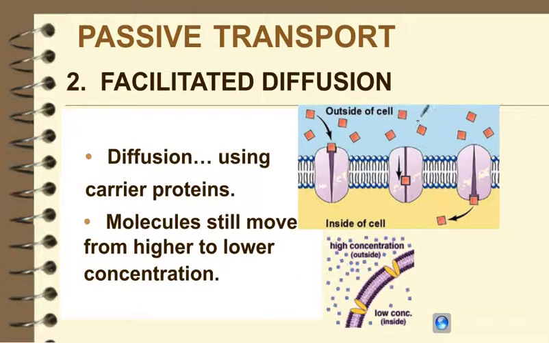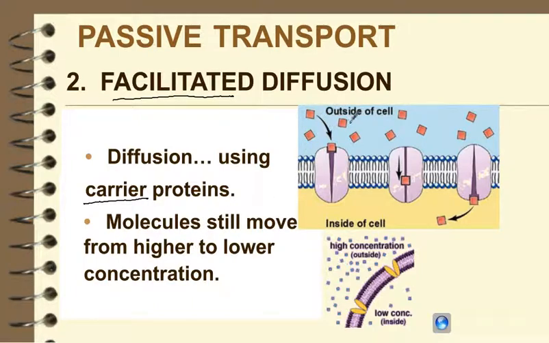The second type of passive transport is called facilitated diffusion. When you facilitate something, you assist it. So this is sort of like an assisted type of diffusion. So we're going to use our special protein channels or our carrier proteins.